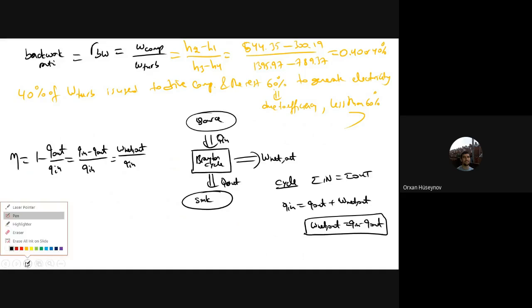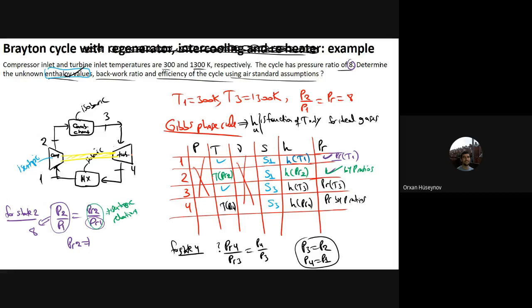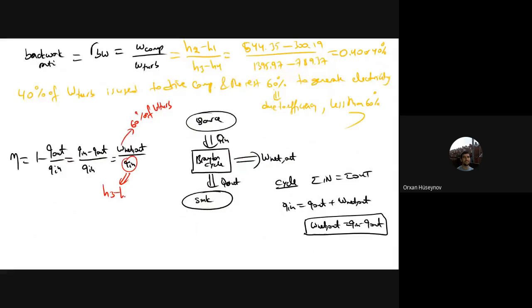The net work out from the system is only 60%, because the rest, 40%, is used for the compressor. So it is 60% of the turbine work. That is the work net out. The Q in value is H3 minus H2. Therefore you will have 0.60 multiplied by the turbine work, which is H3 minus H4.